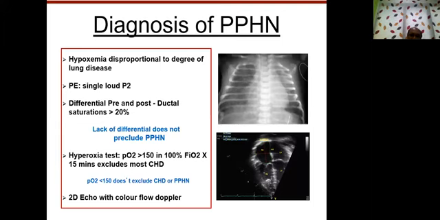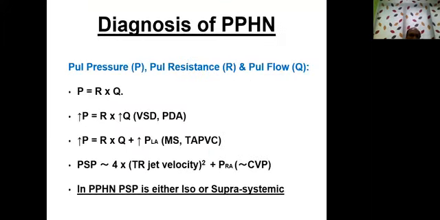So the gold standard remains 2D echocardiography. When you do an echocardiography, you are measuring the pulmonary pressure and the pulmonary flow. Imagine the pulmonary pressures are too high and there is increased pulmonary flow, then you have to think of increased flow to the pulmonary circulation, like what happens in VSD and PDA.